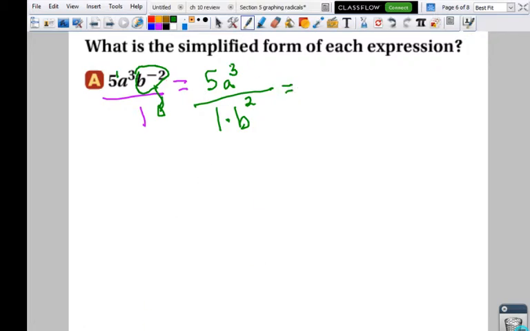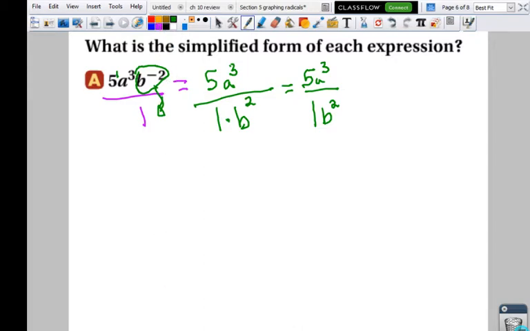And nothing else is going to switch. The only thing I can do is 1 times b squared, which is just a 1b squared. So I've got 5, a to the 3 stays on top. The b squared moves to the bottom. And that's it.